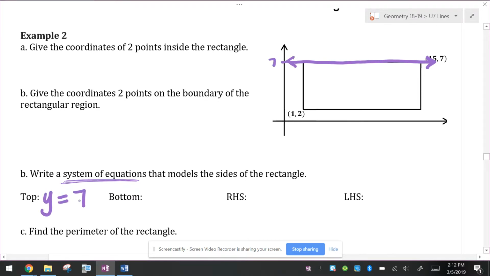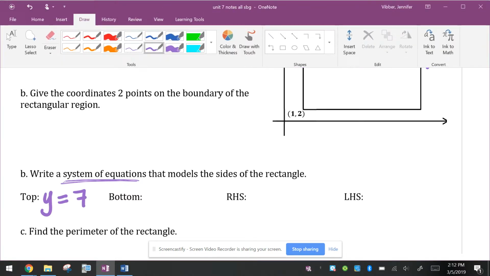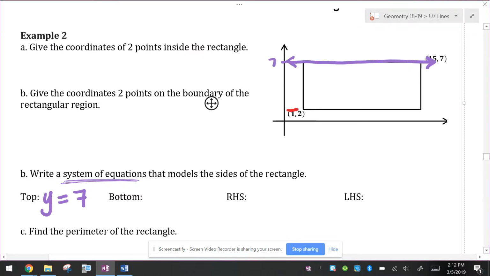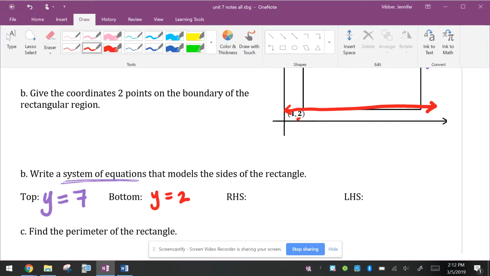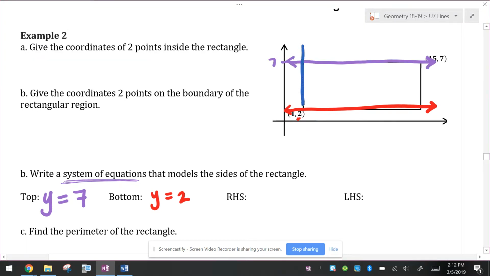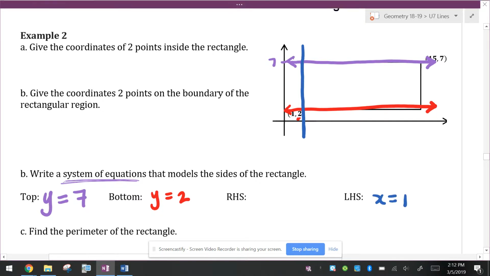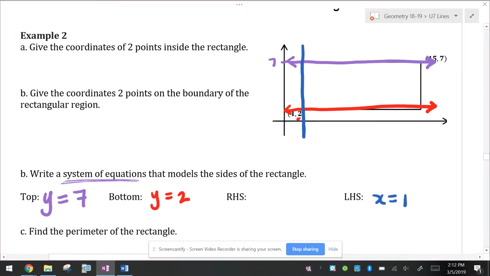So the top is y equals 7. Whereas the bottom is this guy right here, and that would be y equals 2. And then if I look at my left side and my right side, my left side is x equals 1. And my right side, I'm going to make that light blue.